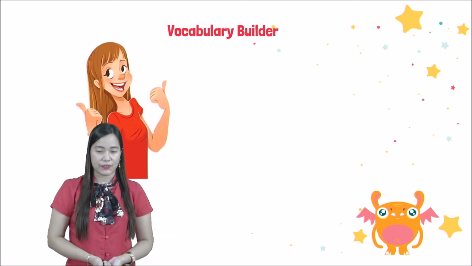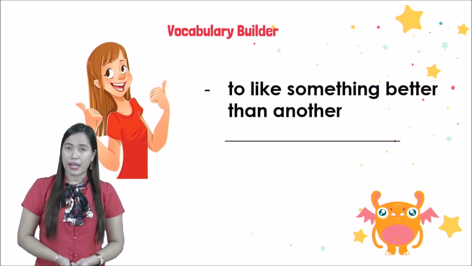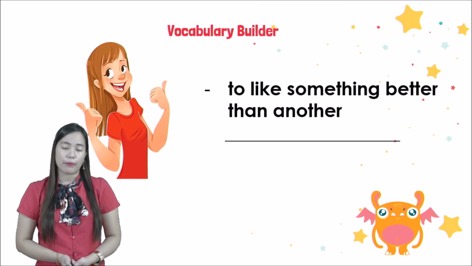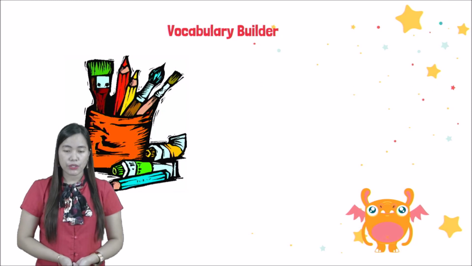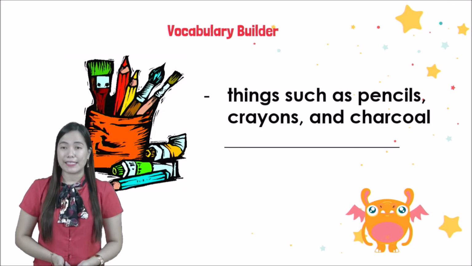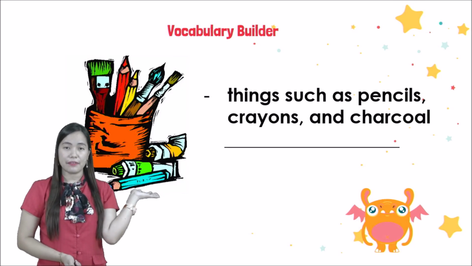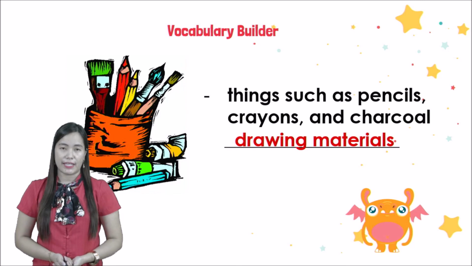How about this one? To like something better than another. I like the red one rather than the green one. What's that? Very good. Prefer. How about the last picture? Things such as pencils, crayons, and charcoal. What are those ones? Very good. They are drawing materials.